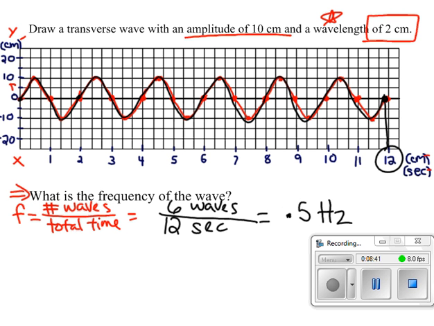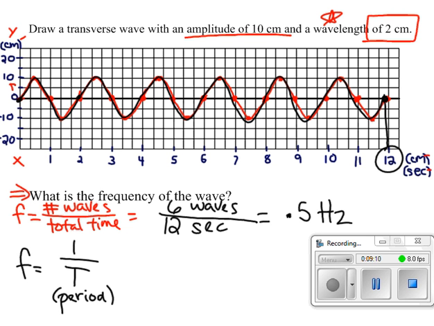Okay, let's calculate it another way. And I'll show you I get the same answer. Frequency also equals 1 over T. T stands for period, and if you remember what period is, it's the time it takes for one wave. So in this case, I would have to figure out how long did it take for one wave to be completed.